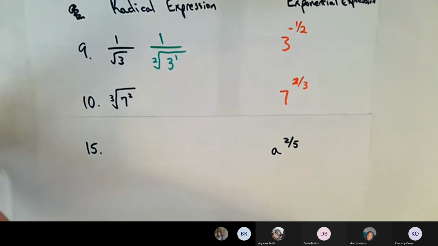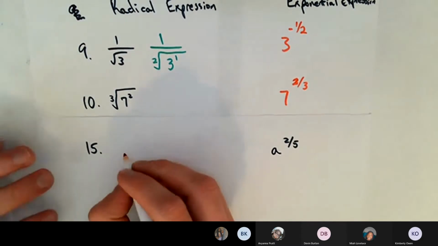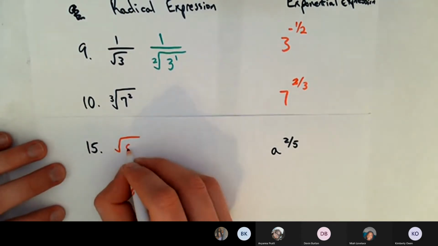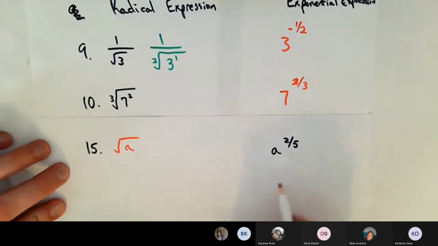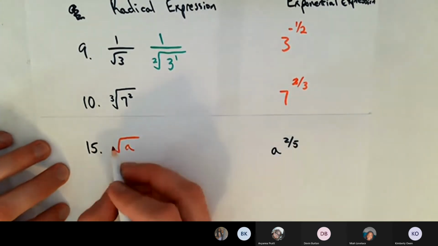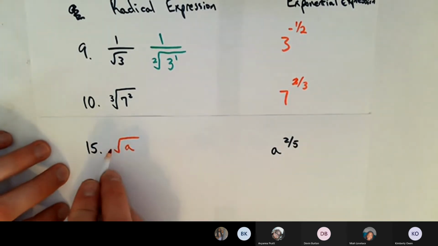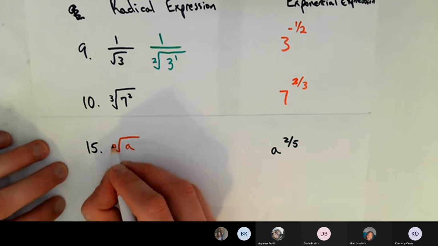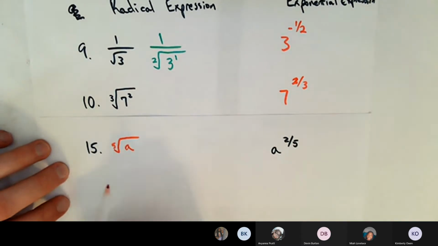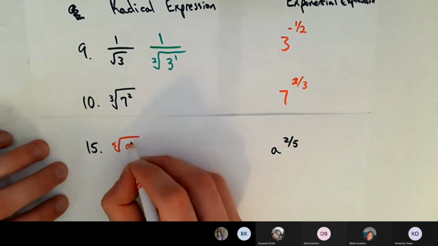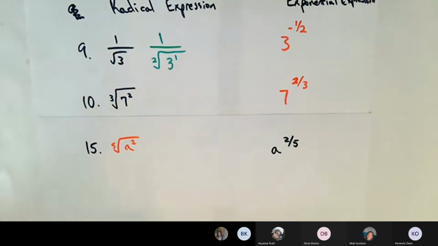So you would draw a radical with a, and then the denominator should be the index. That's the number that gets stuffed right there. So that's a 5. So it's the 5th root of a, and then the 2 gets attached as an exponent to the a right there.